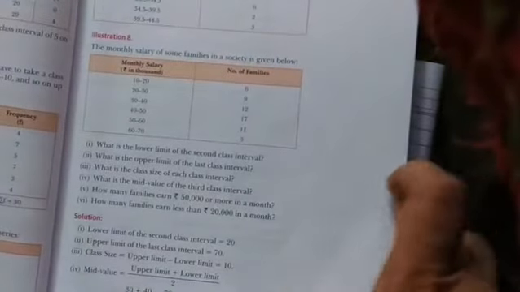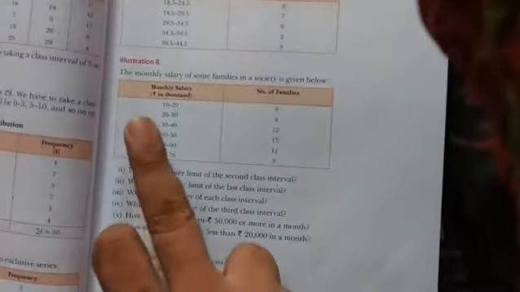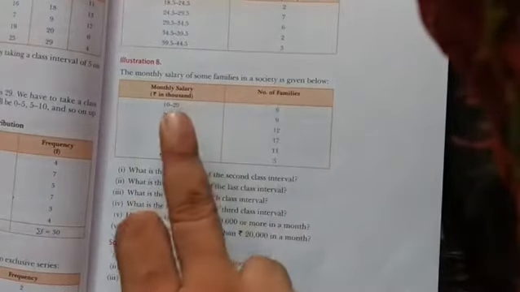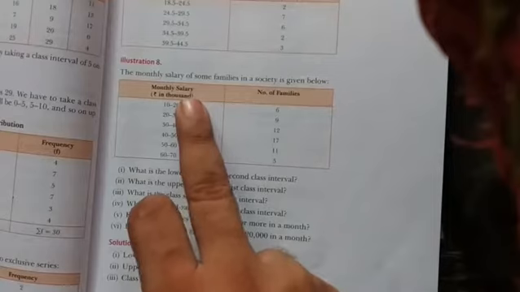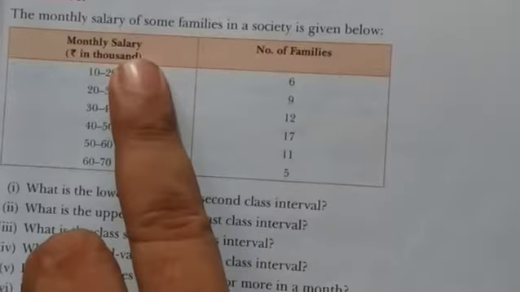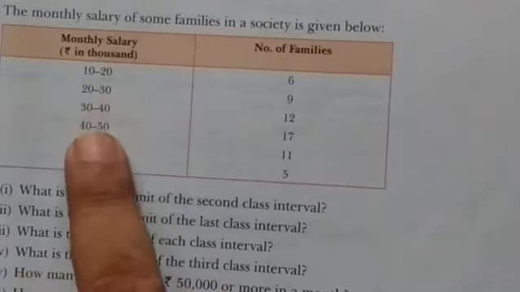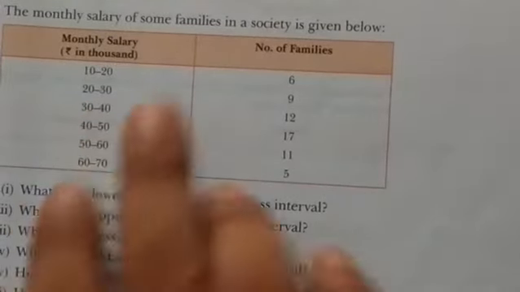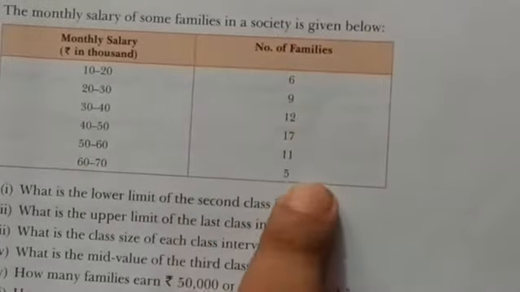It says the monthly salary of some families in a society is given below. This is in thousands: 10 to 20, 20 to 30, 30 to 40, 40 to 50, 50 to 60 and 60 to 70. And the number of families is given here. Now there are some questions.